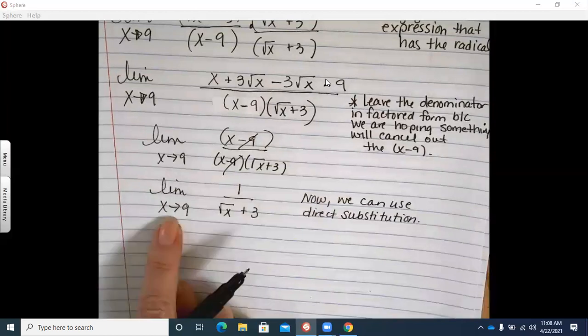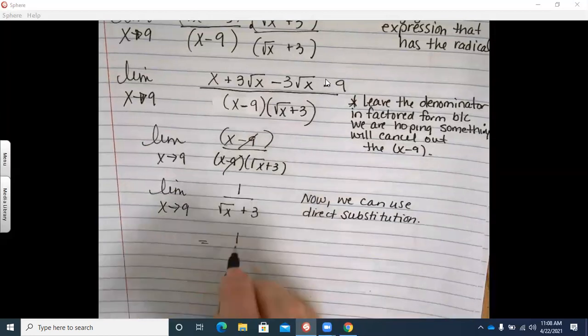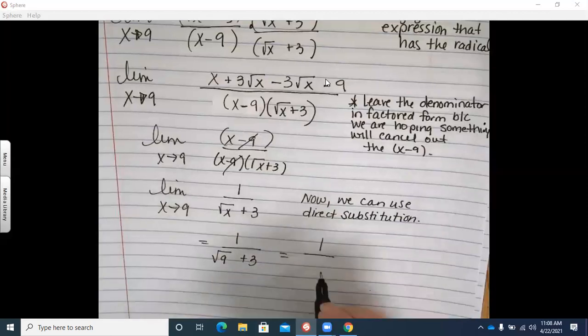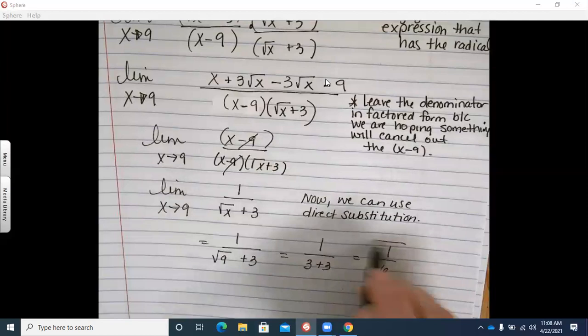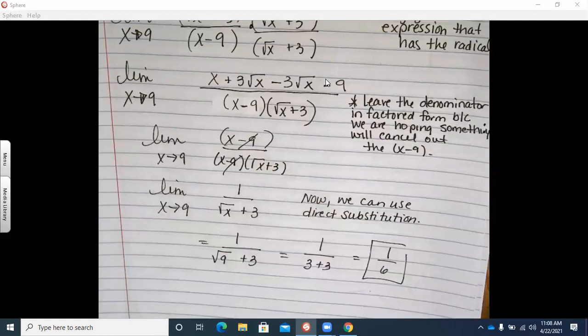You don't write that again once you put in direct substitution. So we'll just say 1 over the square root of 9 plus 3 equals 1 over, what's the square root of 9? 3 plus 3 equals 1 over 6. The limit as x approaches 9 is equal to 1/6 in this function.